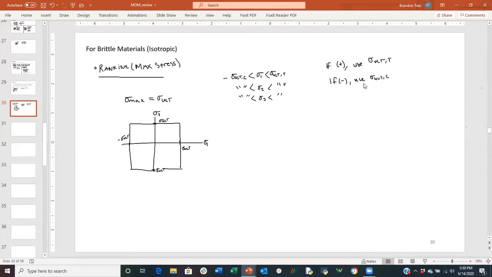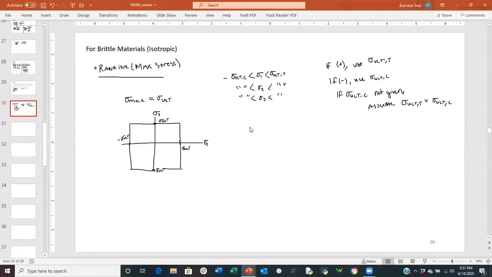Okay. If the ultimate compressive strength is not given, assume that the ultimate tensile strength is equal to the ultimate compressive strength. Okay. And that's really it for the criteria.